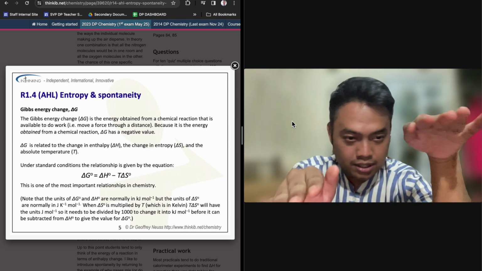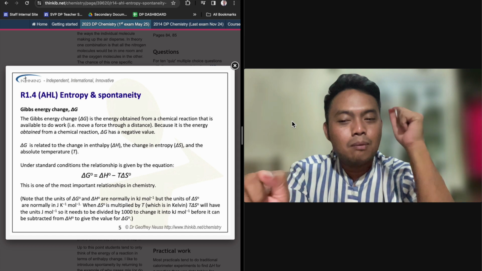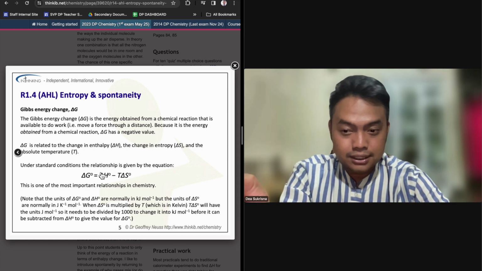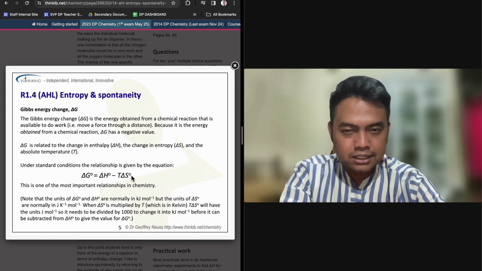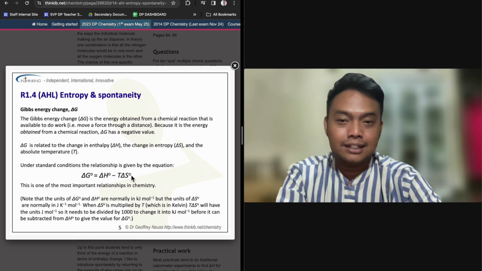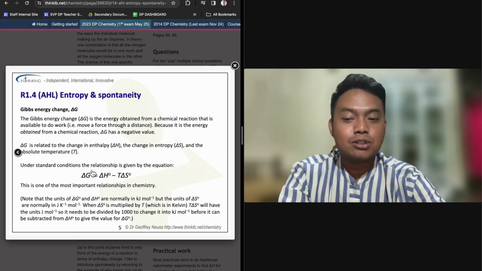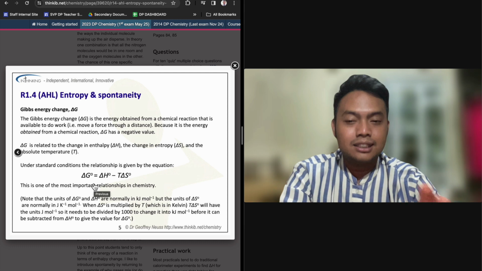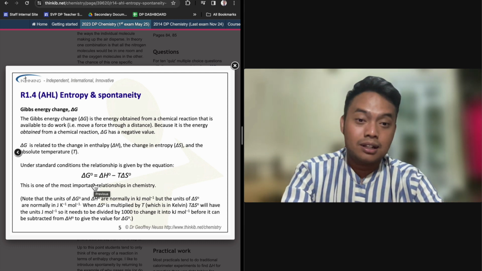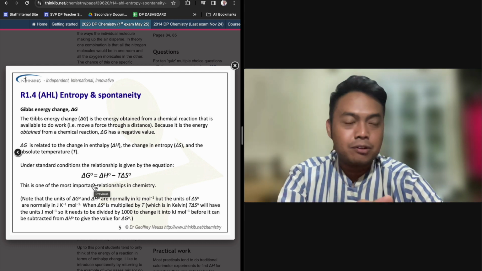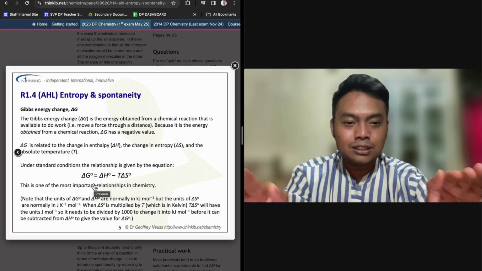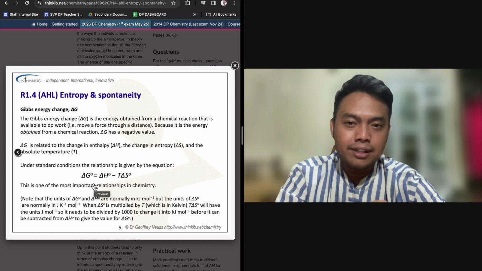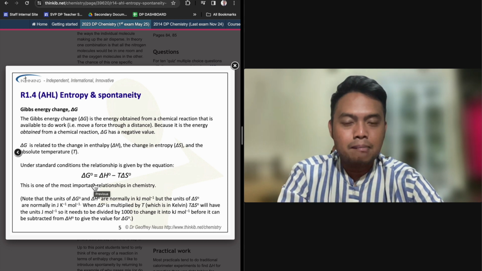Now we're going to use these equations to determine whether a reaction will happen spontaneously, just like the water flowing down. This is powerful because we will understand whether a reaction is possible naturally or spontaneously. That's your goal after this.